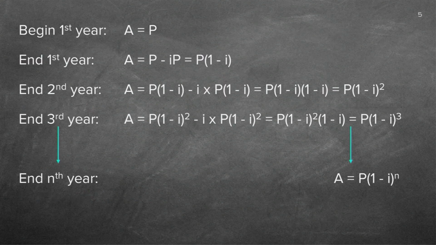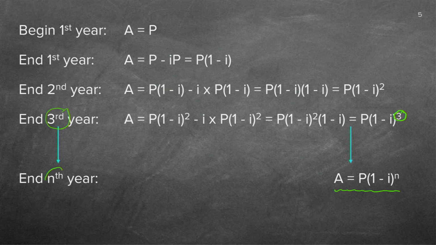Good. Let's just see where the formula is coming from. You do not need to know this for exam purposes. This is really just for the interesting sake of it. You can actually work through it yourself. It's really just written out every year, end of every year, and then in the end, it lands up to be this formula. And how you can see it easily, there's the third year, so it's 1 minus i to the power of 3.